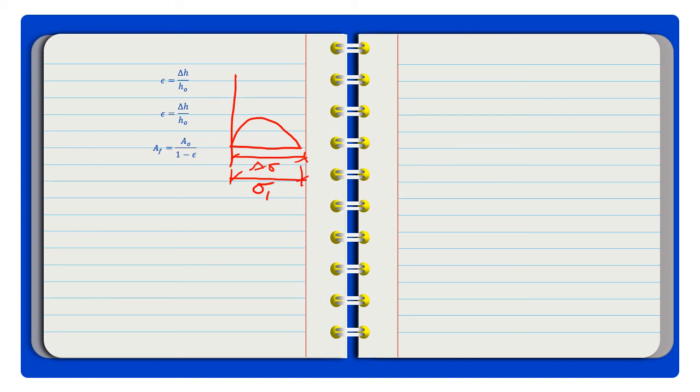So, ibig sabihin, kakailanganin natin yung equation ng pressure, which is pressure is equal to force divided by the area. So now, using that one, we will have sigma 1. So we have sigma 1 is equal to P over AF, or the force divided by the area final.